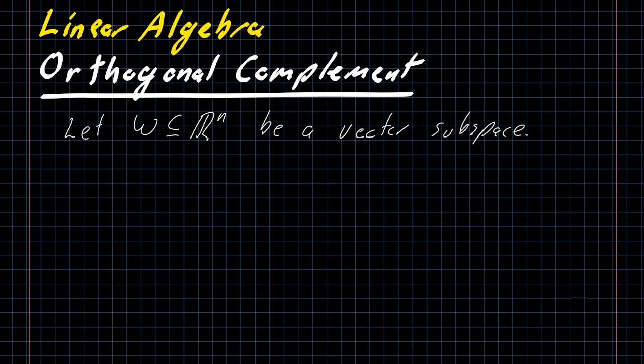We need to start off with a vector space. So let's let W be a vector space, and specifically a subspace of Rn.